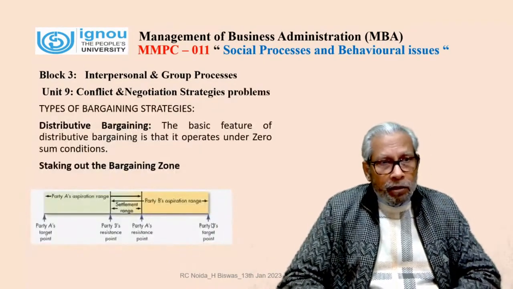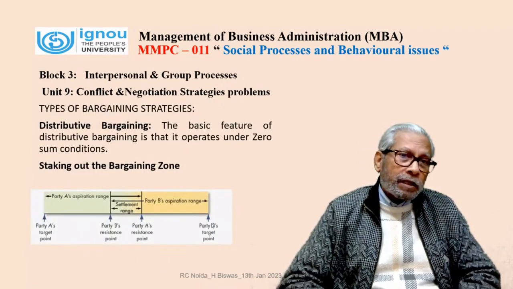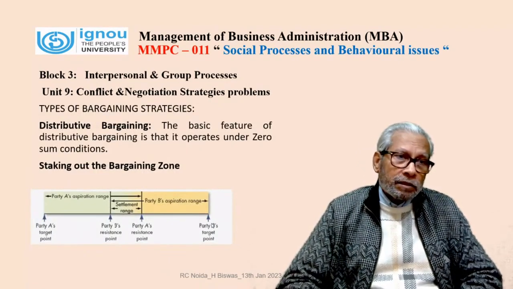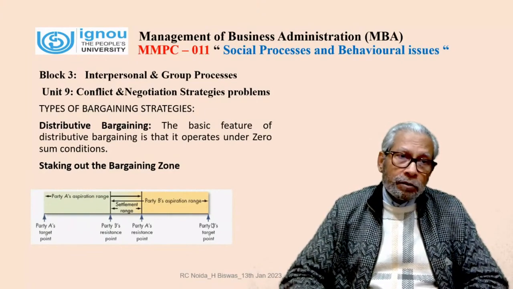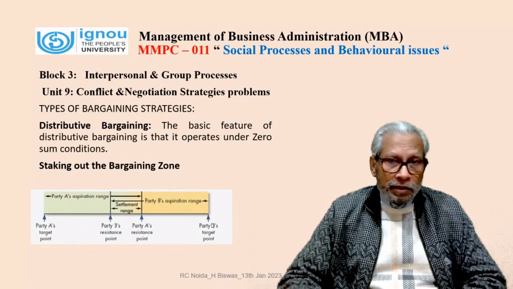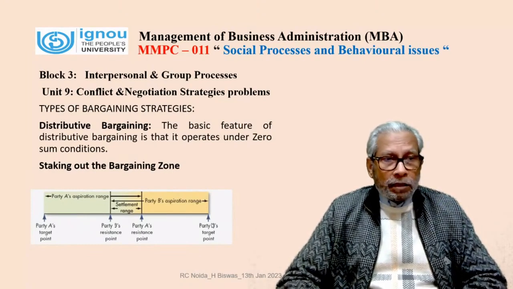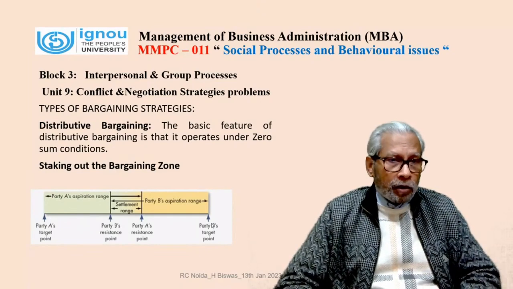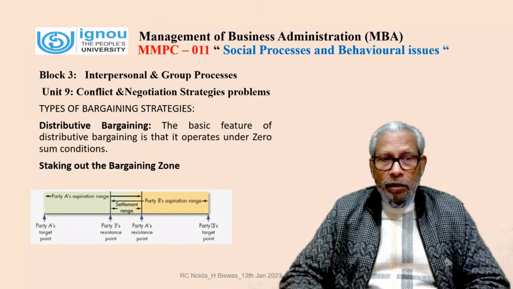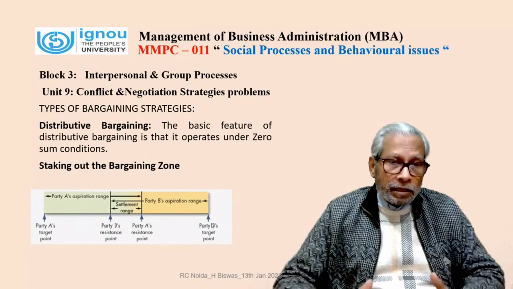Then conflict negotiation strategies: types of bargaining strategies. Distributive bargaining. The basic feature of distributive bargaining is that it operates under zero-sum conditions, although exactly zero cannot be achieved, so we call it a bargaining zone.